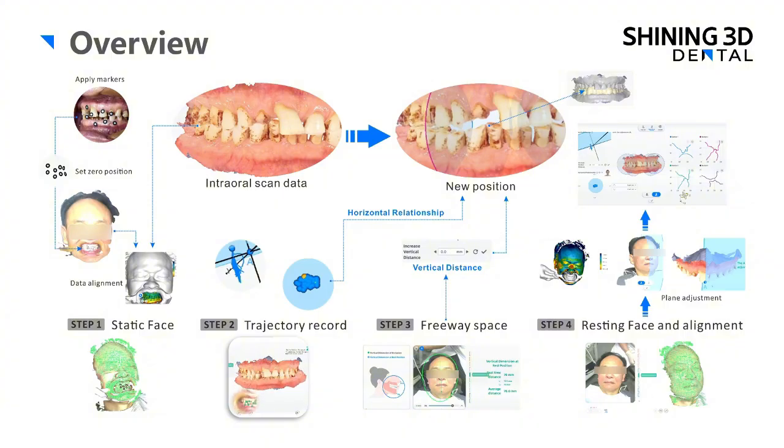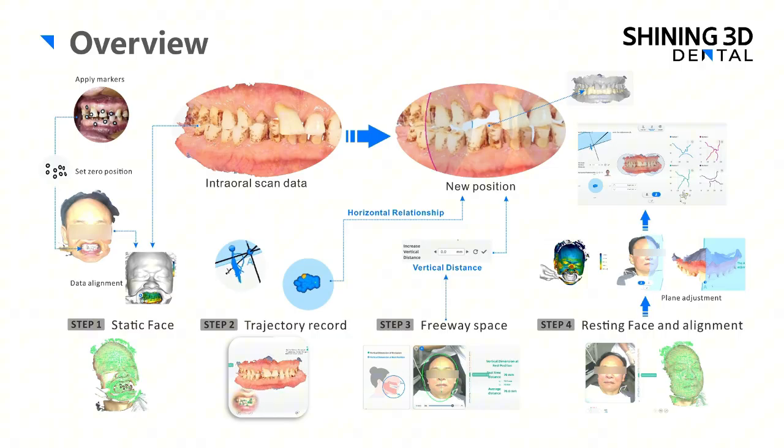With the intraoral scan data and the horizontal relationship, we have the third step, that is the freeway space calculation. That is for the vertical distance. Once we have the horizontal relationship and the vertical relationship of the upper and lower jaw, we can combine them together to form the new position. So once we have the freeway space, we can rearrange or adjust the upper and lower jaw position to get a new position.